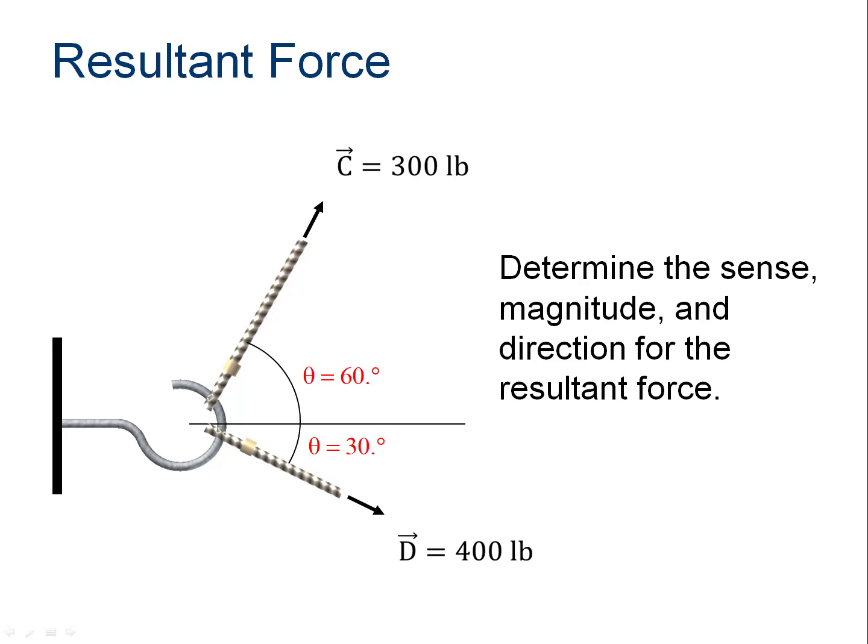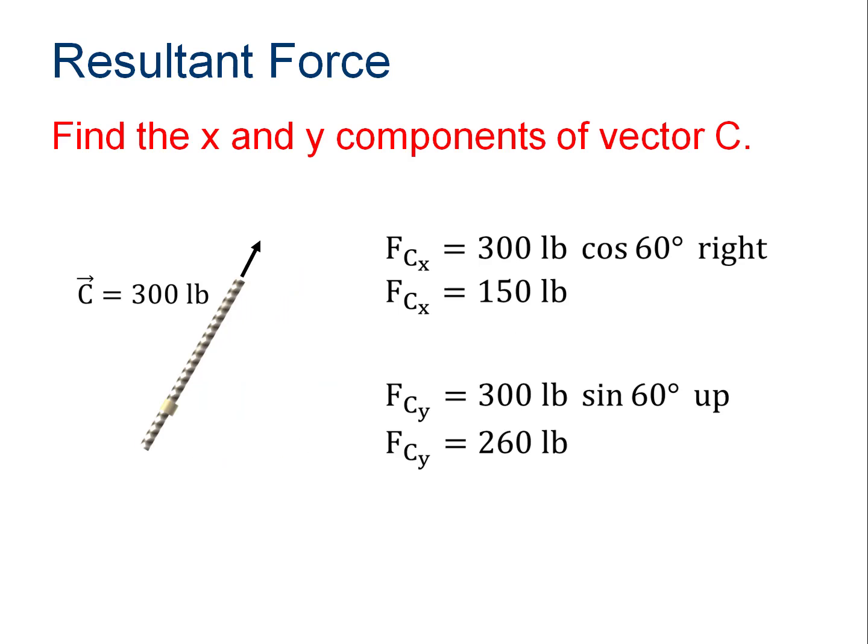So here I have an eye hook, and it's got 300 pounds pulling up and right, vector C, 400 pounds pulling down and right, vector D. Notice the angles are not equal. 60 degrees up for C, 30 degrees down for D. So first, I'm going to find the component vectors for vector C. So if I look at this, I can see that C is replaced by that right triangle. 300 pounds, 60 degrees is my angle.